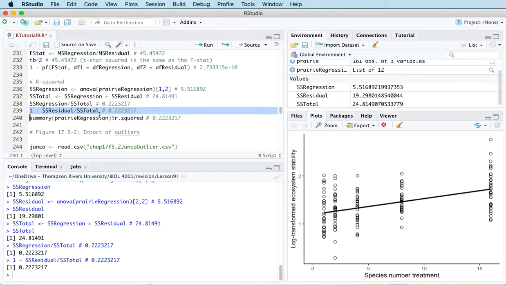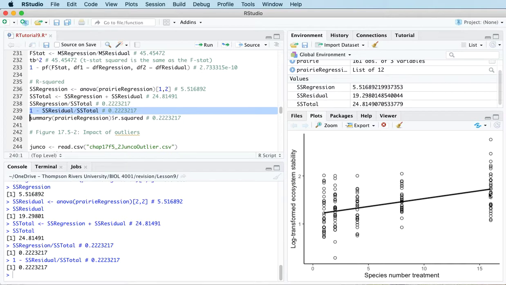Let's imagine a couple of extremes. Let's imagine that we had a perfect model with no error. So instead of these points scattered around the line, as in this case, all the points lay along the line. In other words, I've got perfect predictions and there's no error in my model.